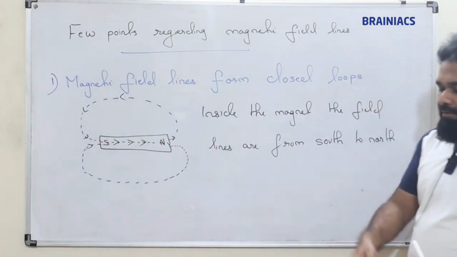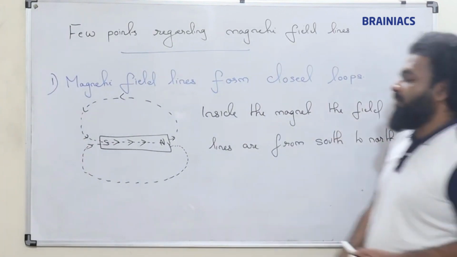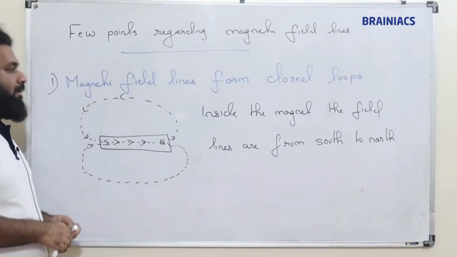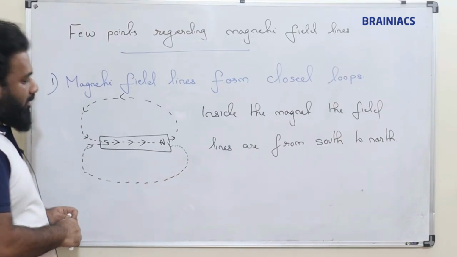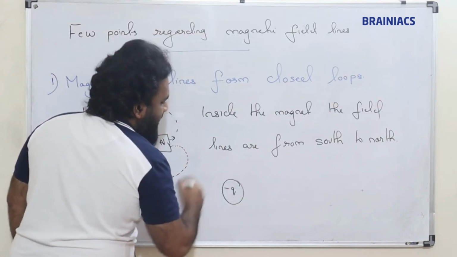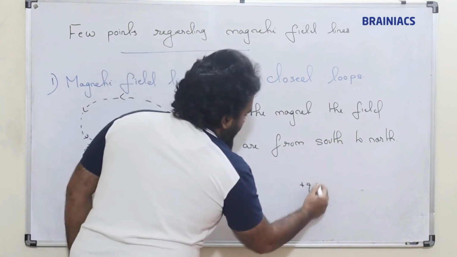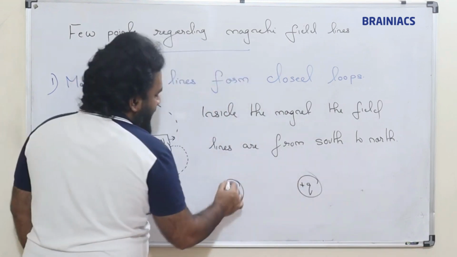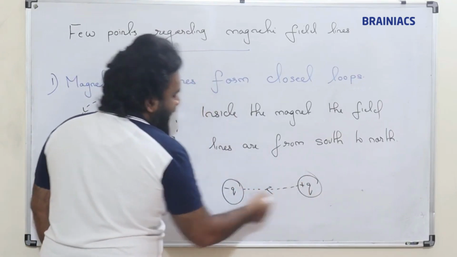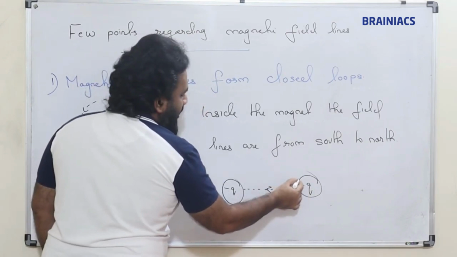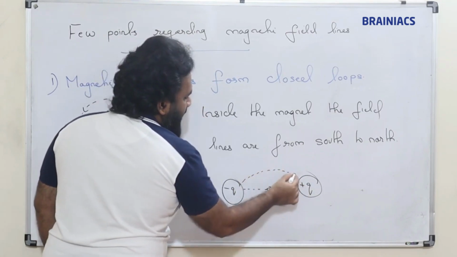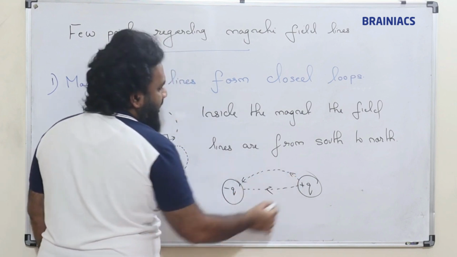Okay, how is this different from the electric field? Please pause the screen and note it down. If we have a minus q charge and a plus q charge, then what will happen? From plus q the electric field lines emerge and join at minus q.